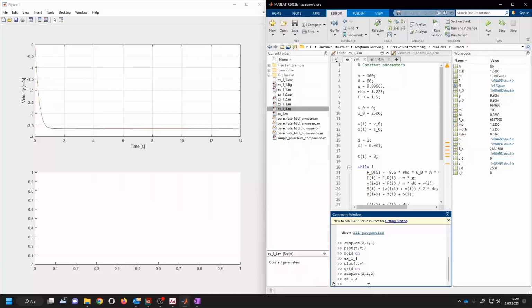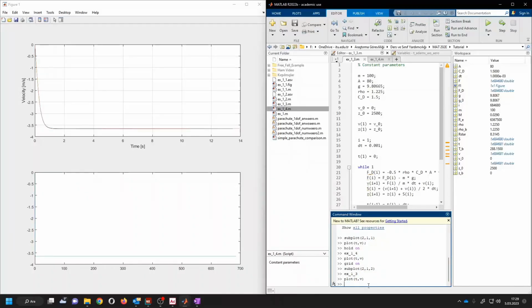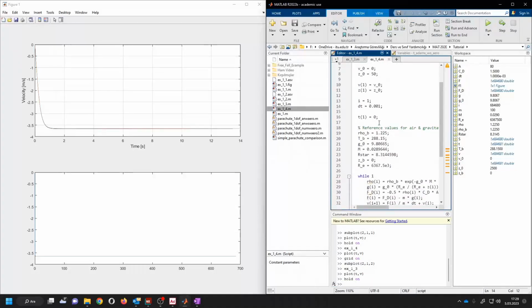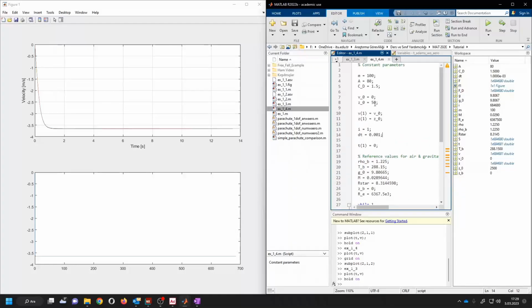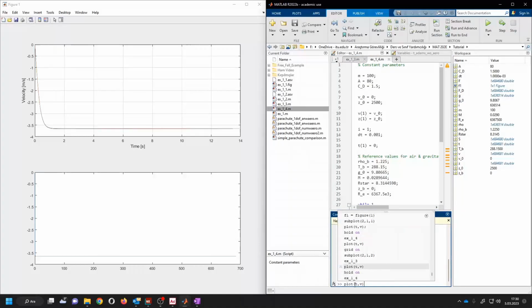Now I will plot T and V. Okay. Hold on. Then I will run my second solver with 2500 initial position in meters. Run again. Plot again.